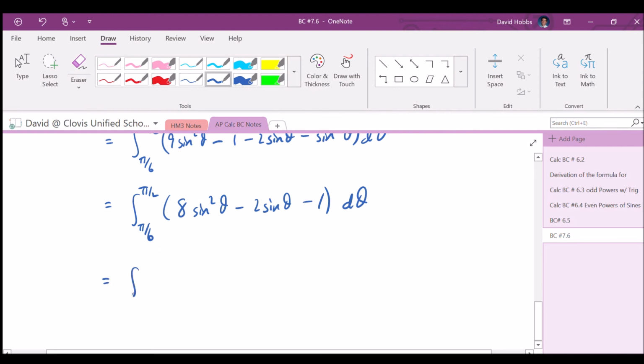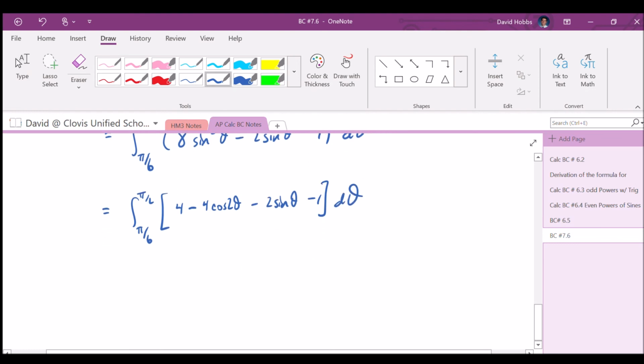Okay, so we've got 4 minus 4 cosine 2 theta and minus 2 sine theta minus 1 with respect to theta. Okay, so I do have 4 minus 1, which is 3.